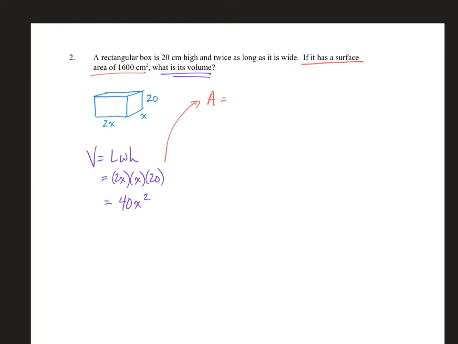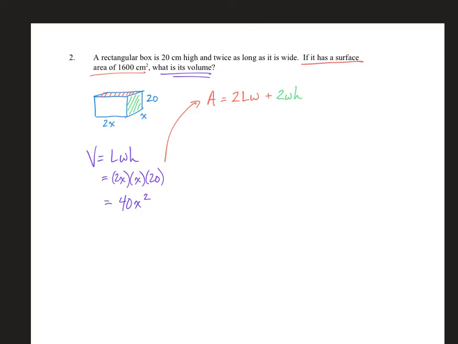So for instance, if I was to look at the top and the bottom of the box, that would be 2 of the length times the width. That would be the top and the bottom of the box. But then I could also add to that my sides. Well, my sides, I would have 2 of those, and those would be the width times the height.